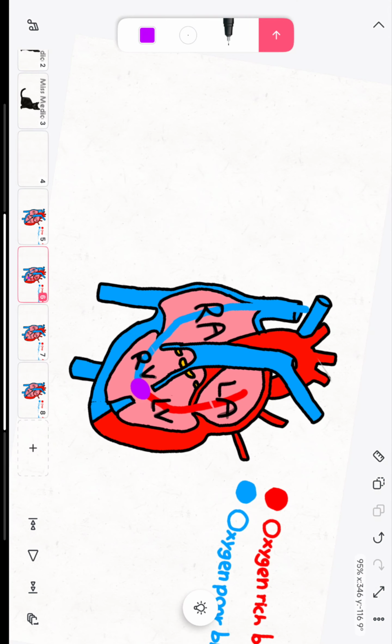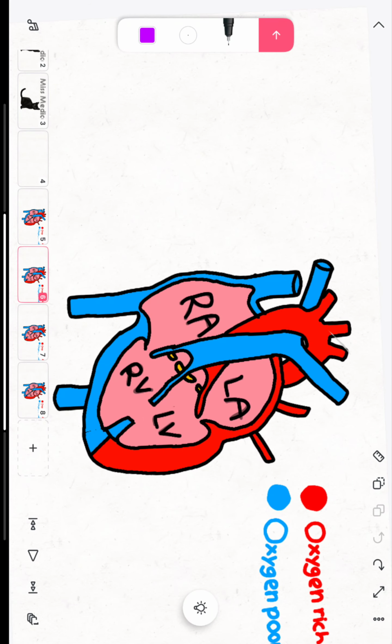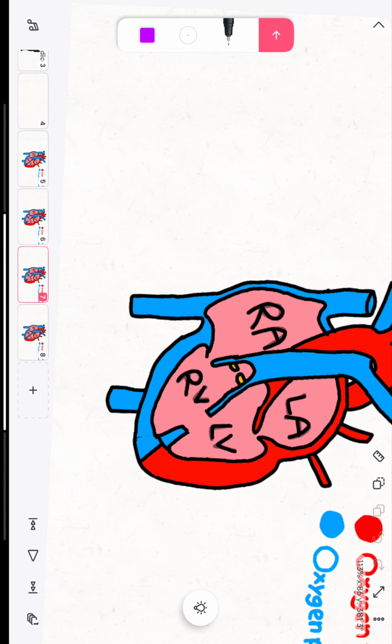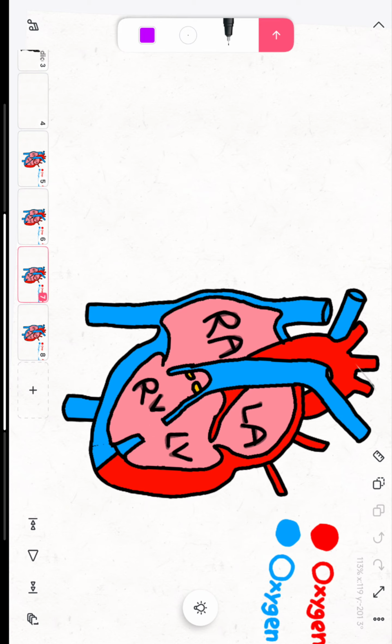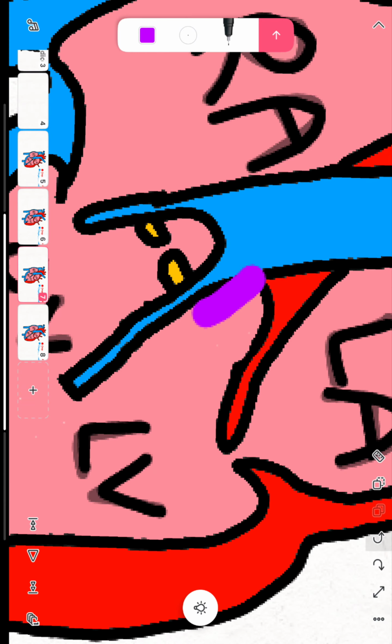And when the mixed blood goes to the lungs and through the aorta, it will ruin the body's organs. And even worse, sometimes the opening and closing parts of the left ventricle will be missing.